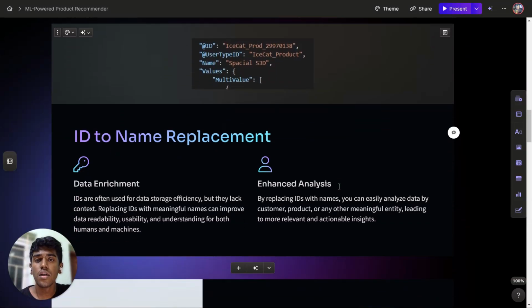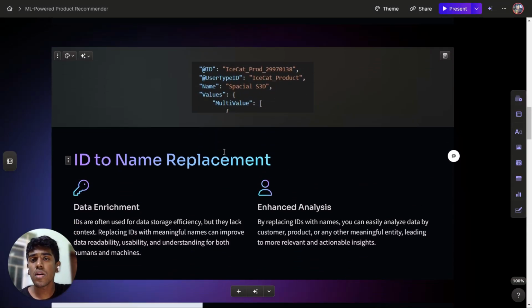Moving on, after looking into the data set, we can see that there's an ID for the products. From the iStat data set, it has this sort of name, iStat production, as well as some sort of number. To make it more semantic, we can replace the ID with the name.